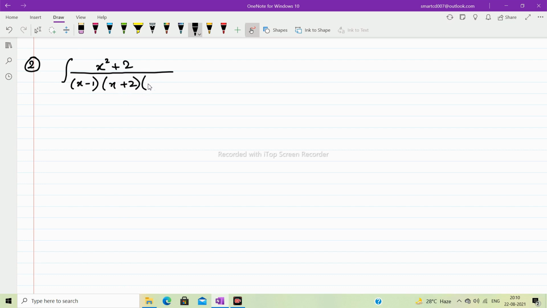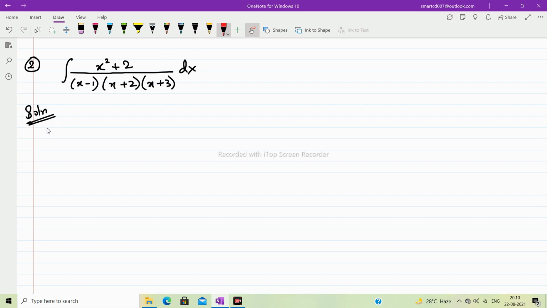So in these questions, we just have to make sure the degree of numerator should be less than the degree of denominator. So the denominator degree is 3 and the numerator degree is 2. So let's start off this one. The only difference between this sum and the previous one is that here we have 3 factors.